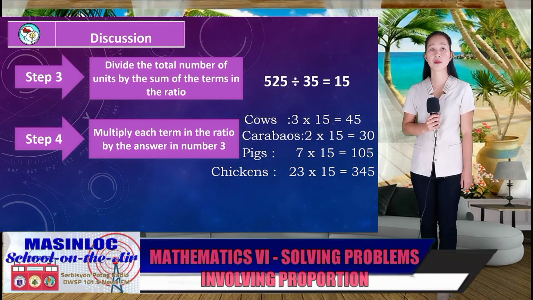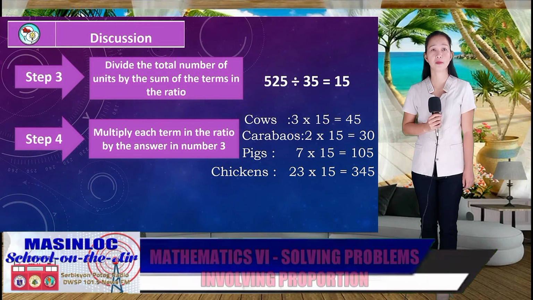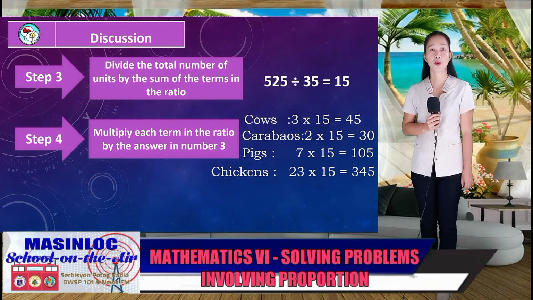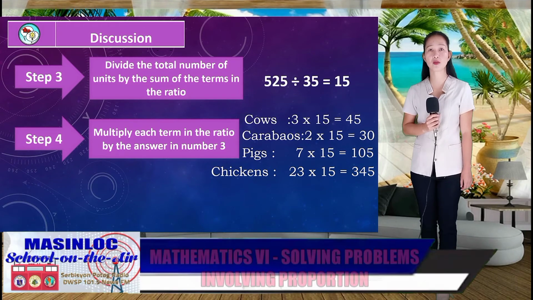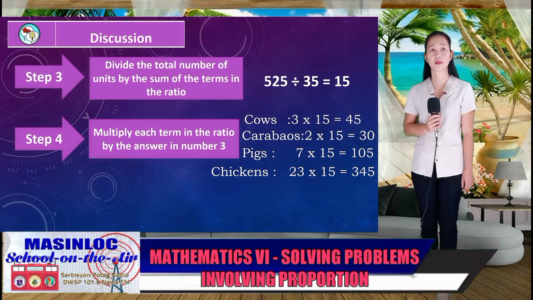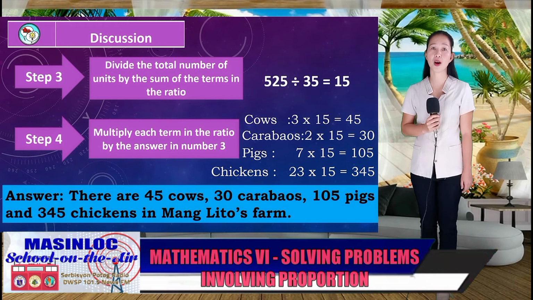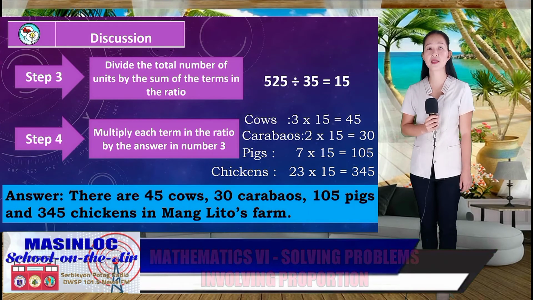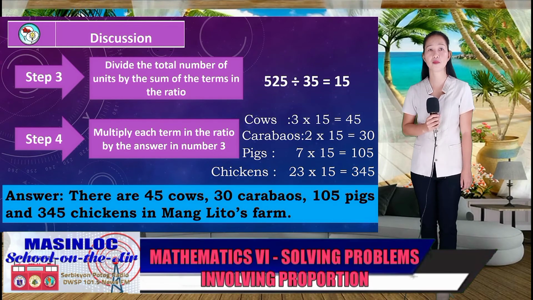For carabaos, 2 times 15 equals 30. For pigs, 7 times 15 equals 105. And for chicken, 23 times 15 equals 345. There are 45 cows, 30 carabaos, 105 pigs, and 345 chickens in Manglito's farm.